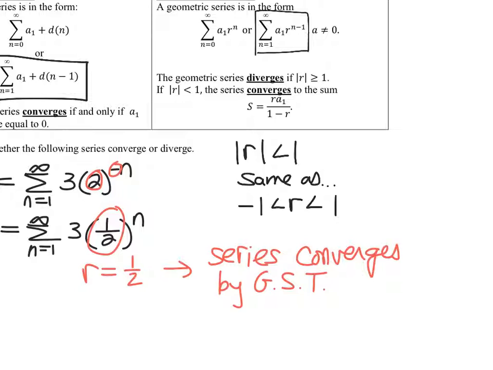And 3, what condition related to that test allowed you to draw that conclusion? So the series converges, that's the first part, by the geometric series test, second part. And you could say because, or with, any way you want to, or just make the statement. I'll say because the absolute value of R is less than 1.